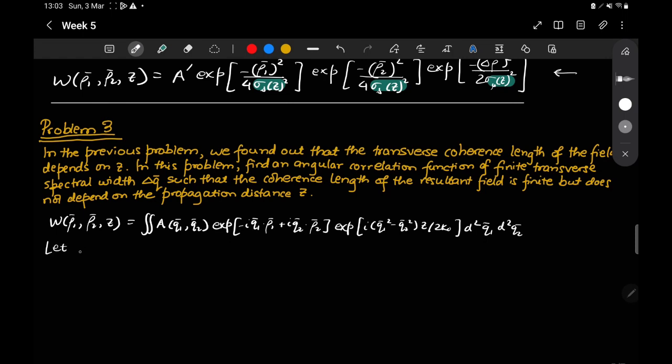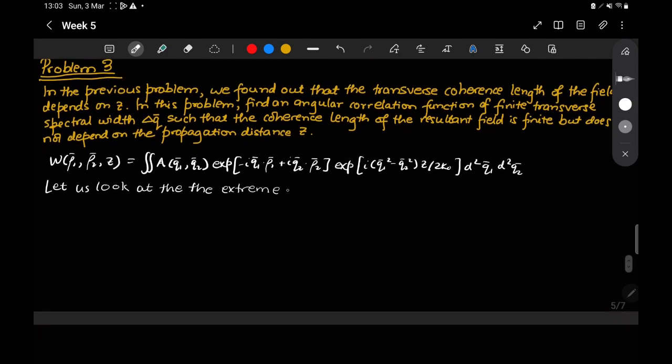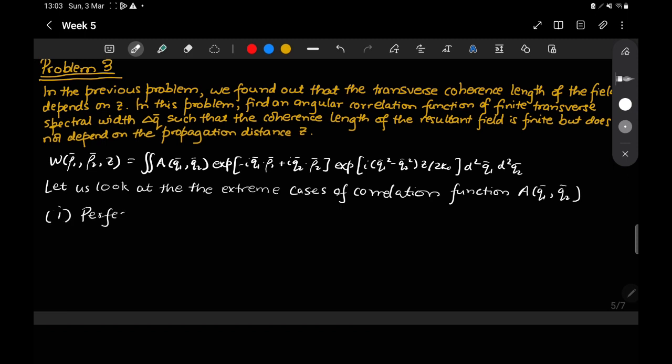Now let us look at some special extreme cases for the angular correlation function A. The first extreme case would be if we assume perfect correlation.